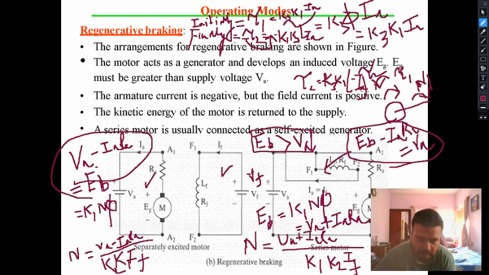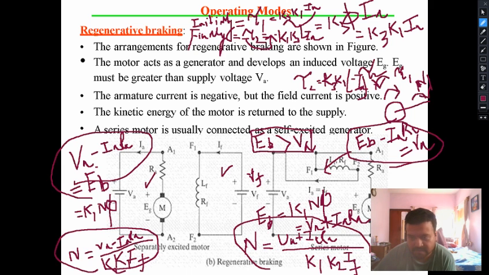So you see, if you compare these two equations, the direction of the current has got reversed. So as the direction of the current has got reversed, there will always be a reversal of power flow.